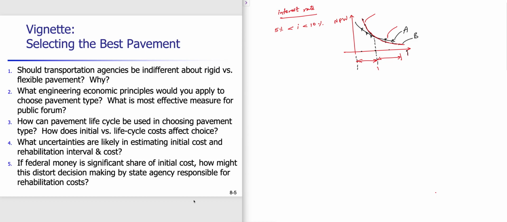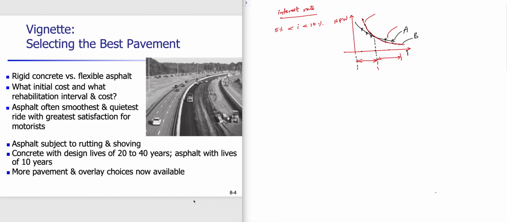And we think about different questions. What is the advantage of asphalt or rigid concrete? For example, if we have asphalt, we have, let's say, more miles per gallon for every vehicle that's traveling on that road.